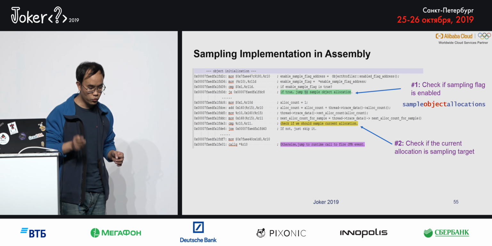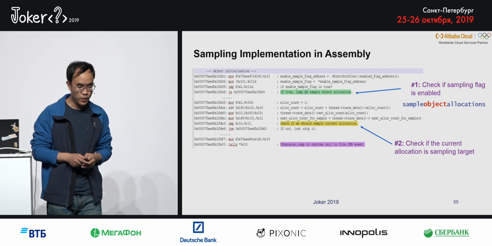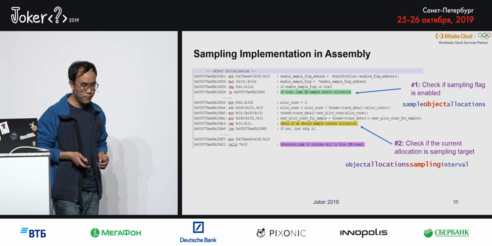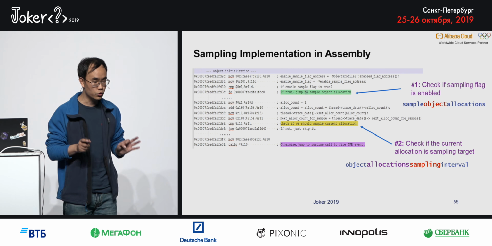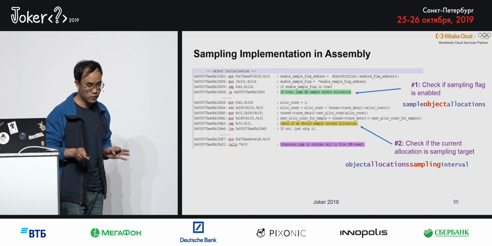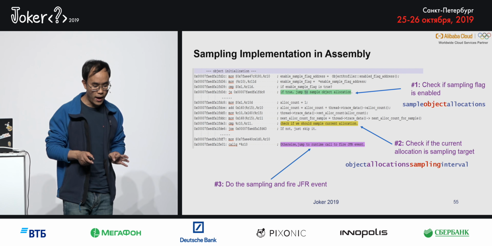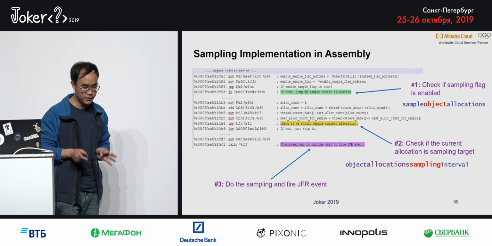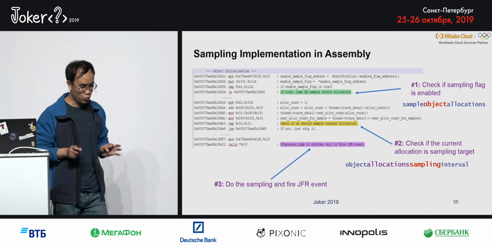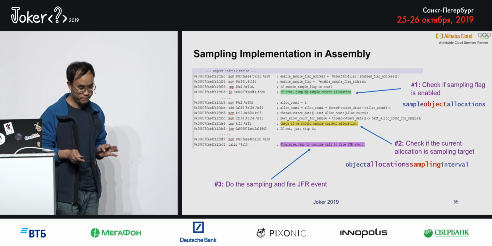In step 2, we check whether or not the current allocation is a sampling target. If you remember, this target is controlled and configured by the object allocation sampling interval. If the conditions in step 1 and step 2 are satisfied, then we can do sampling and fire the related GFR event.